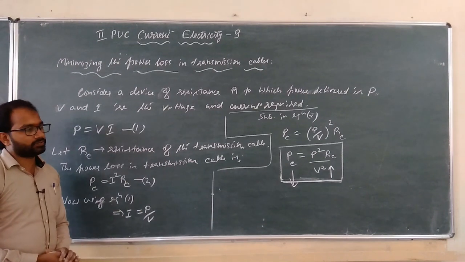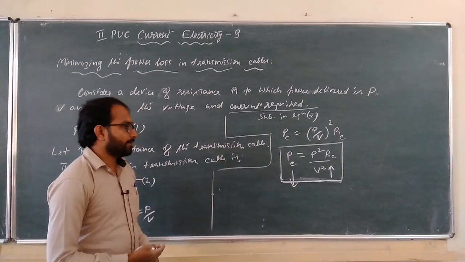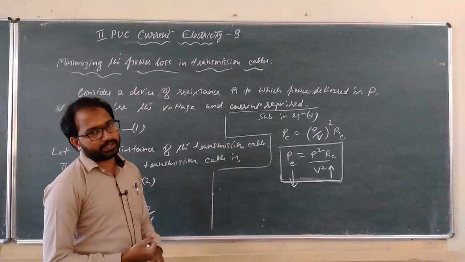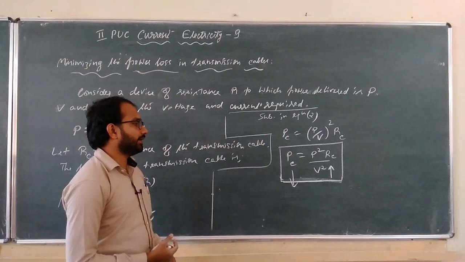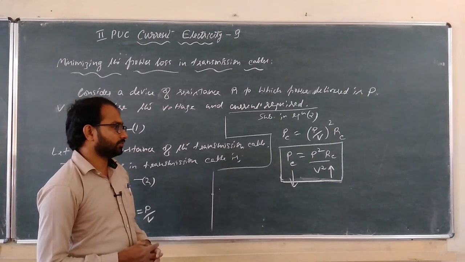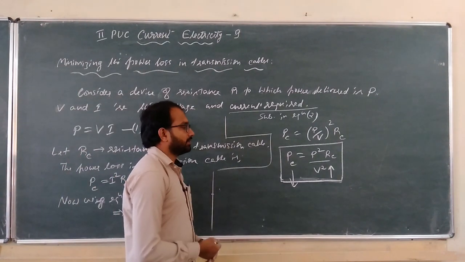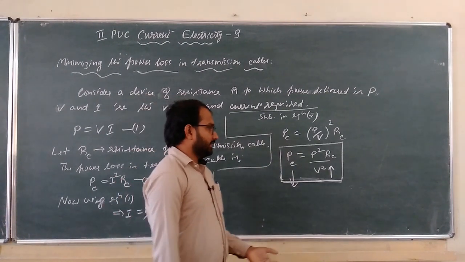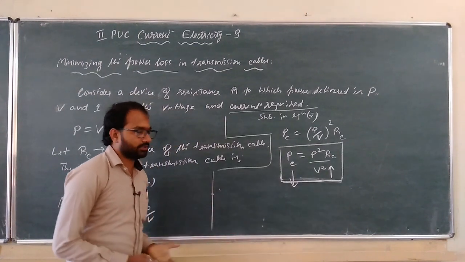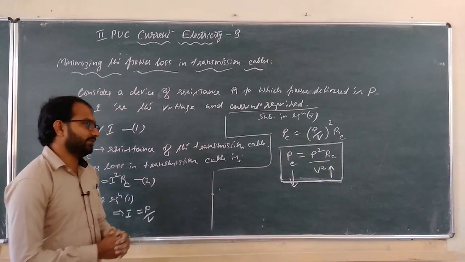At the power stations, using a step-up transformer, voltage is increased to a very high value, which lowers the current, and thereby the electrical energy is transmitted through the transmission cable at a very high voltage. But at the receiving end, using such a very high voltage is not safe.